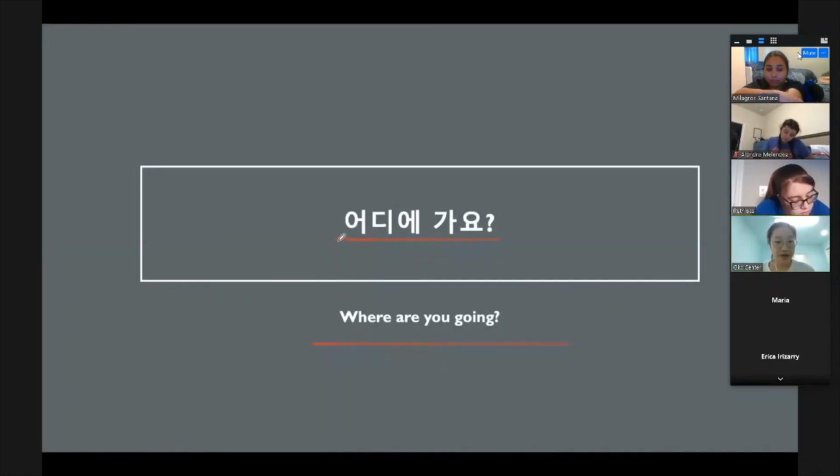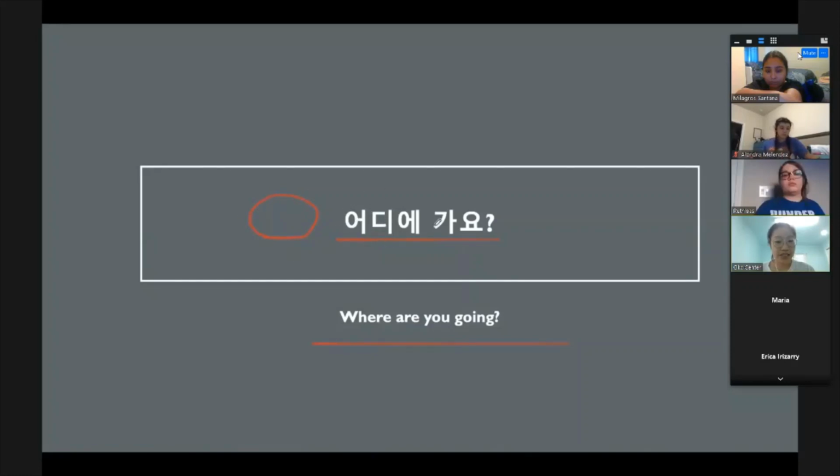Whenever you're referring to a person, when you're trying to mention the person in this sentence, you can add the noun in front of 어디.